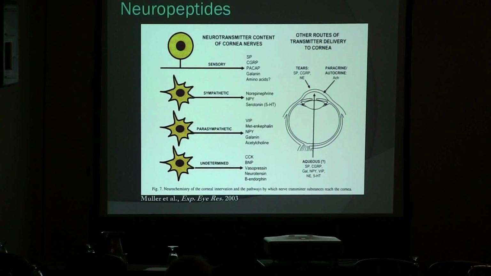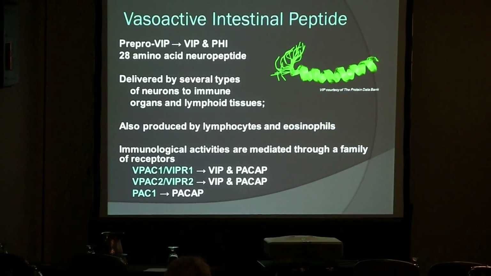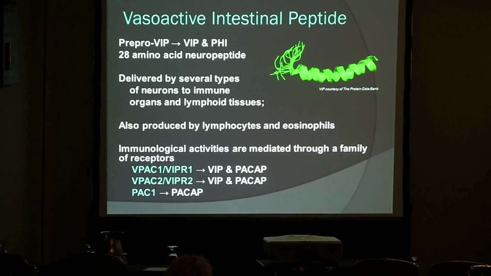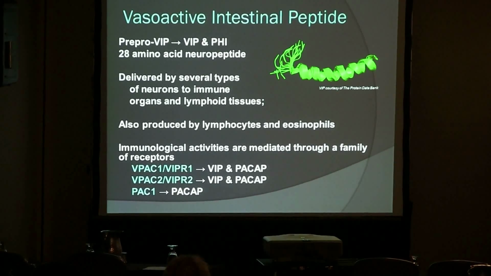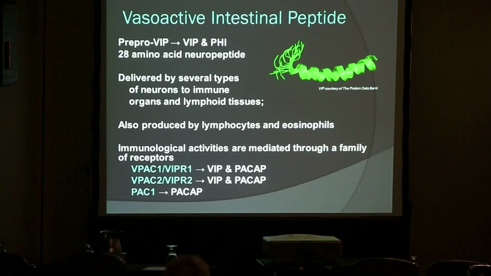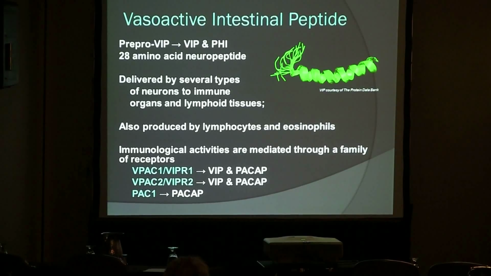Our group is particularly interested in VIP, or vasoactive intestinal peptide. This is a 28 amino acid neuropeptide. It has a short half-life of about 2 minutes. It's delivered by a number of different neurons, as well as being produced by a number of different organs, such as the gut, the pancreas, the suprachiasmatic nuclei of the hypothalamus.